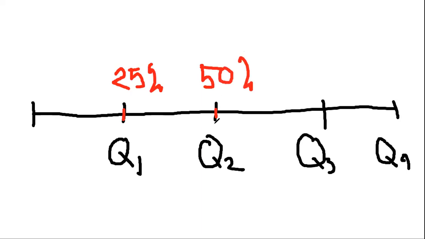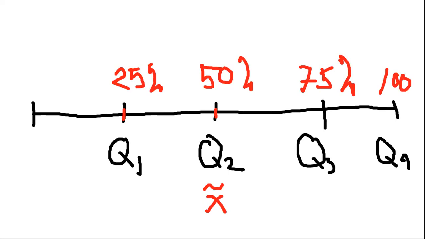Meaning to say, this also serves as our median, the middle value of your distribution based from the measures of central tendencies. The third quartile is 75%. And lastly, the fourth quartile is the highest score within your distribution.